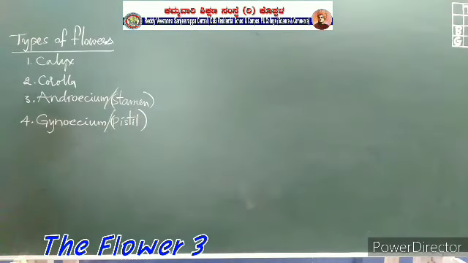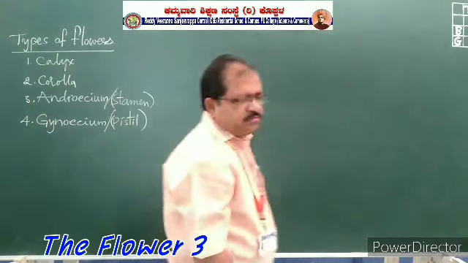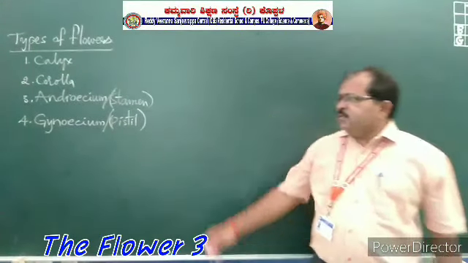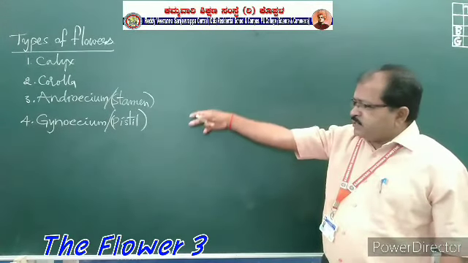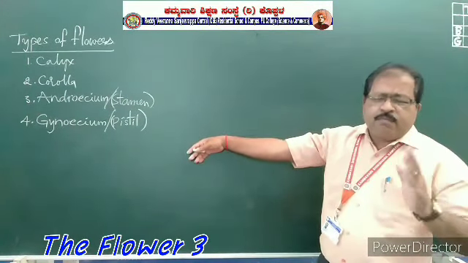These are the four parts presented in the flower. As I told you already, the first two are non-essential parts and the second two are essential parts.